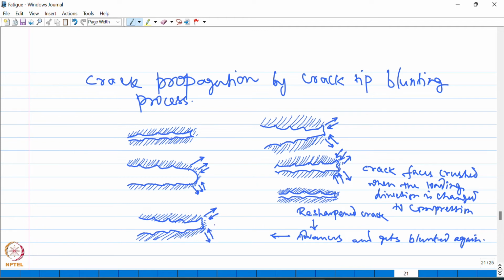Right, so this is how the crack propagates in the stage 2 crack growth process.